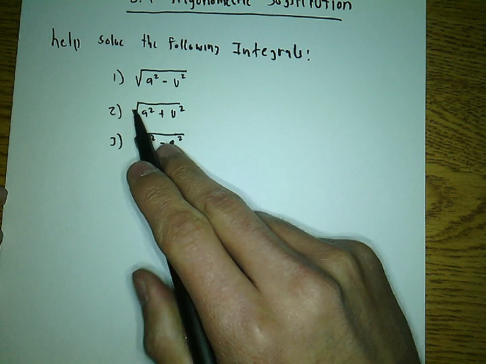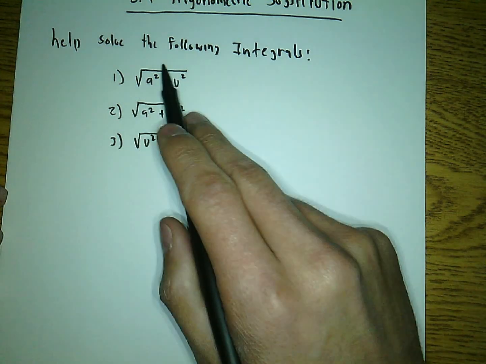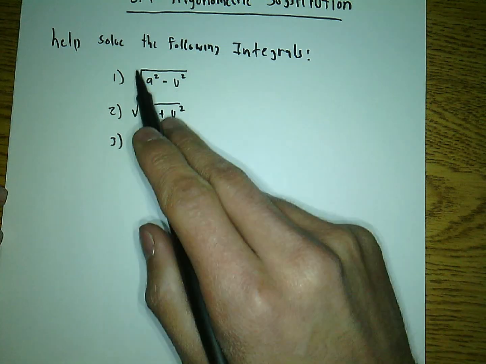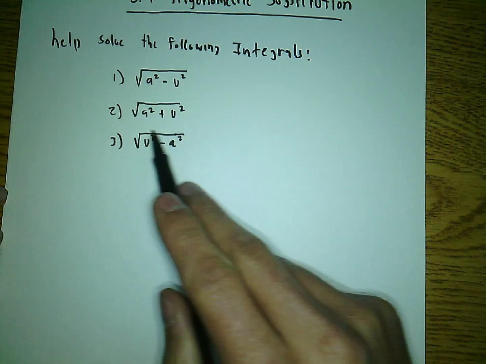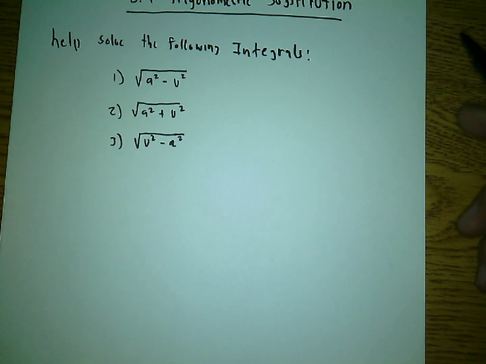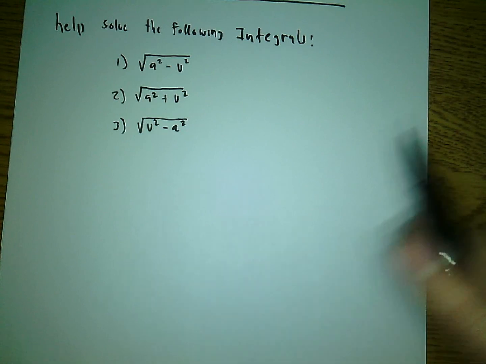Agreed? And same idea, if I have something like this, couldn't this be one of the legs? And same thing for this. You guys okay with that? So that's what I'm going to do. When I'm dealing with square roots, I'm going to make a right triangle and use trigonometry to help me. So let's go ahead and check out what that means.